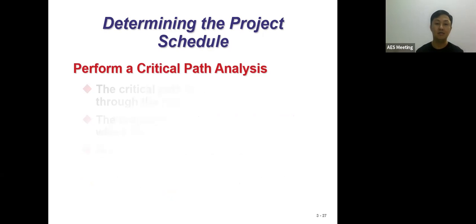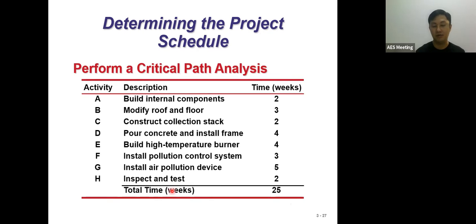All right. So this is about the projects. In a normal way, you will do activity A to B, B to C, C to D, D to E, E to F, F to G, G to H. This is about the activities you have. Same things here, you have 2 weeks, 3 weeks, 2 weeks, 4, 4, 3, 5, 2.